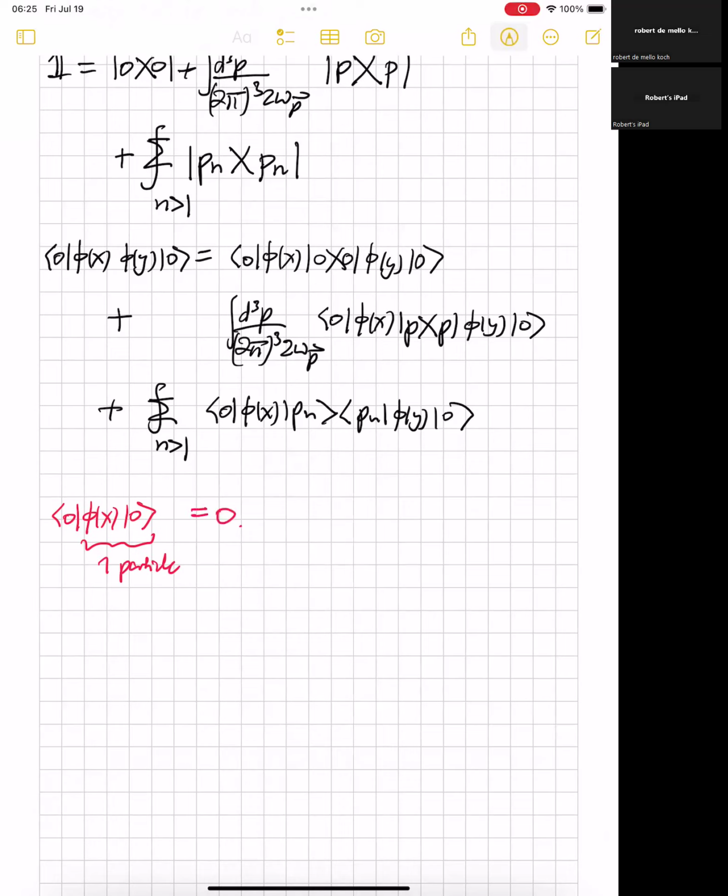And in the free theory, that does indeed vanish. However, here we're in the interacting theory, so phi of x acting on naught need not produce a one particle state. In fact, it won't produce a one particle state if there are interactions. There'll be one particle pieces, two particle pieces, three particle pieces, and so on. Well, there are situations where there's also a piece proportional to the vacuum.